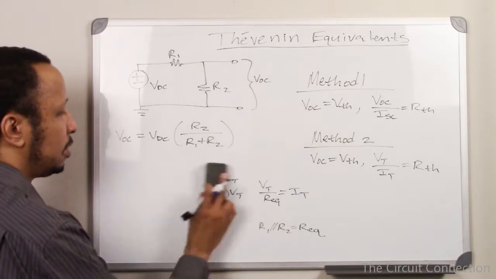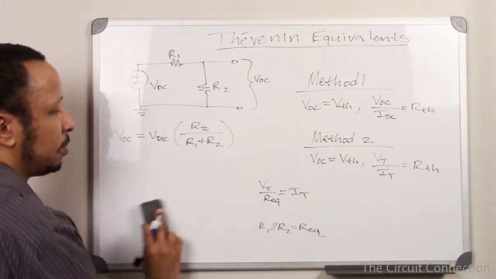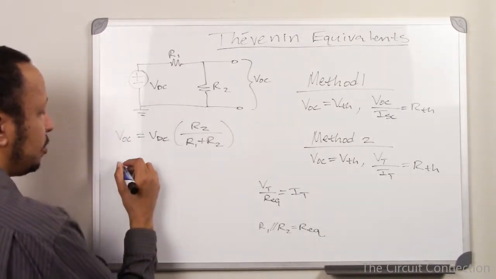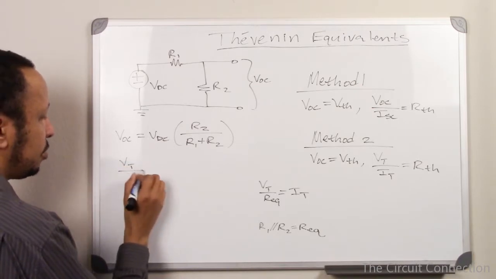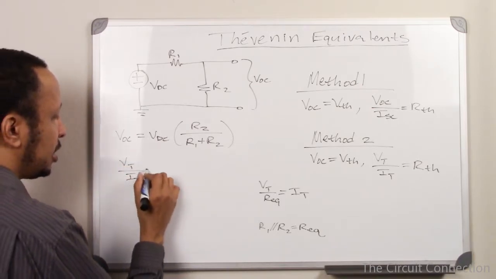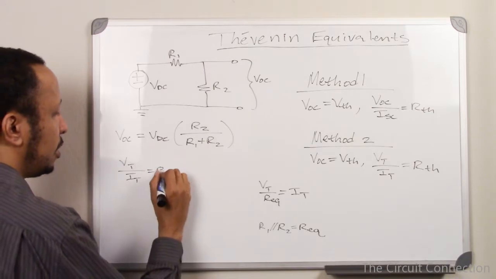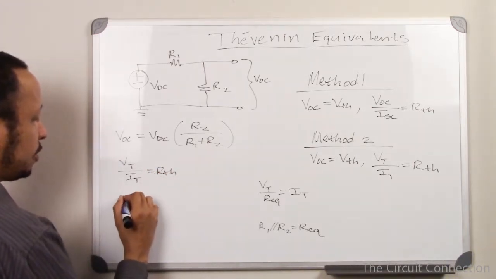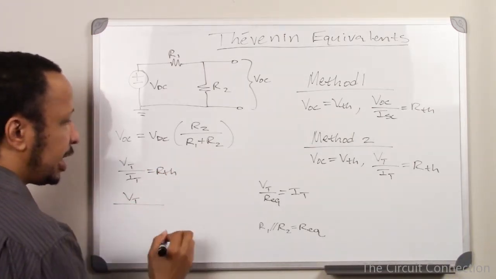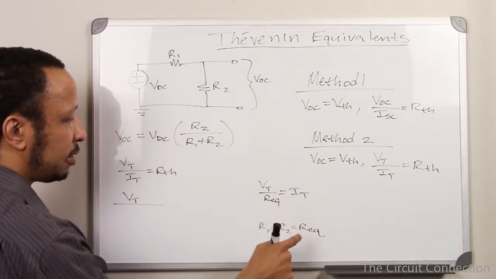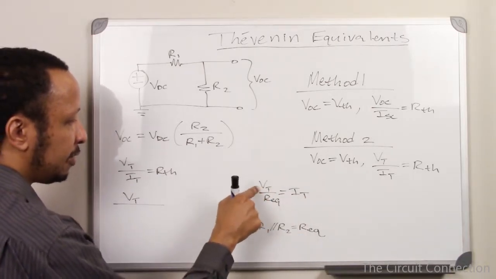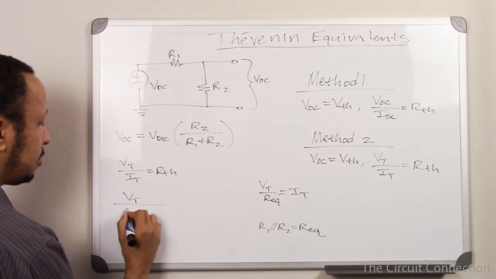Now we take VT over IT, and IT is VT over R equivalent.